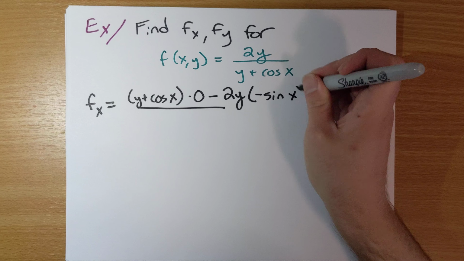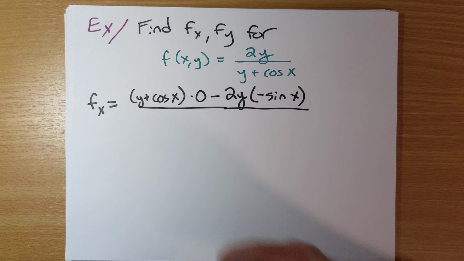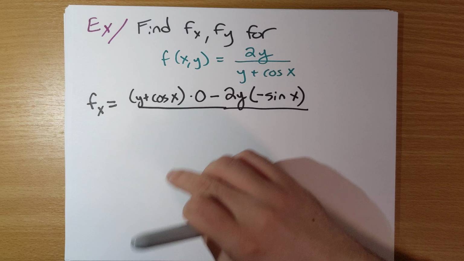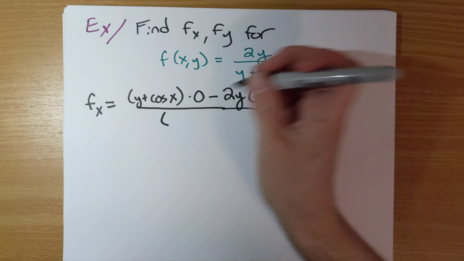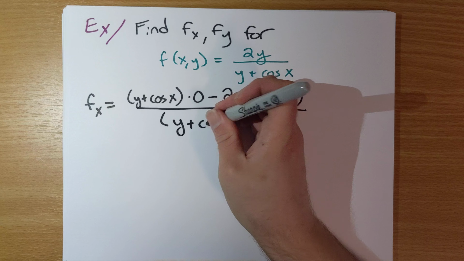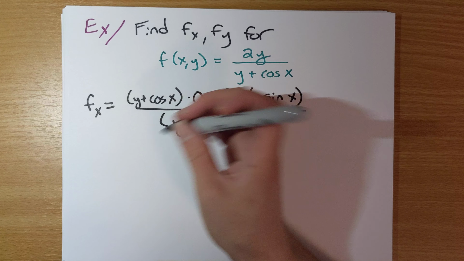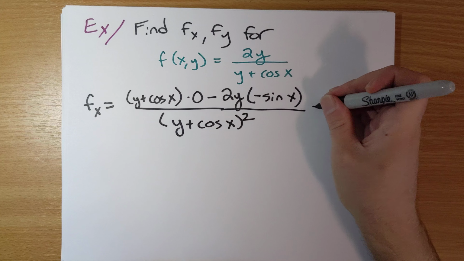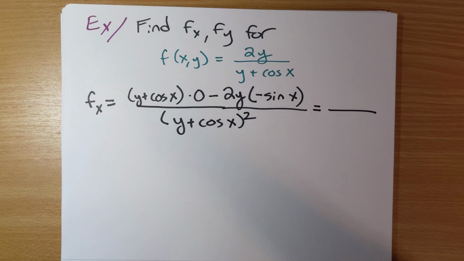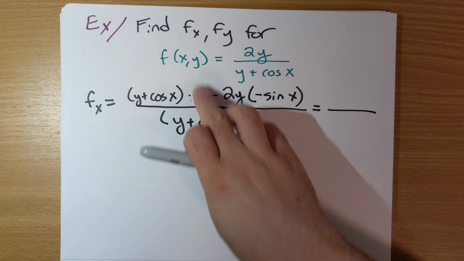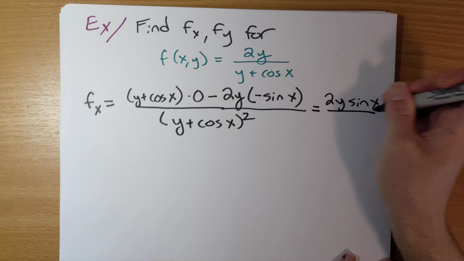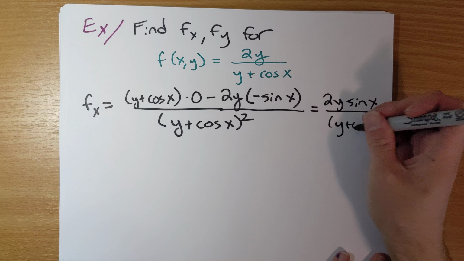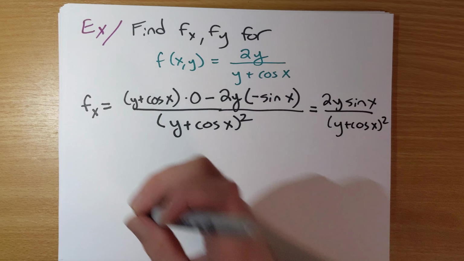The derivative of cosine of x will be negative sine of x, and the derivative of y with respect to x will be 0. And then, of course, we leave the denominator alone but square it. So something times 0, who cares? And then we have 2y sine x upstairs, and y plus cosine x squared downstairs.